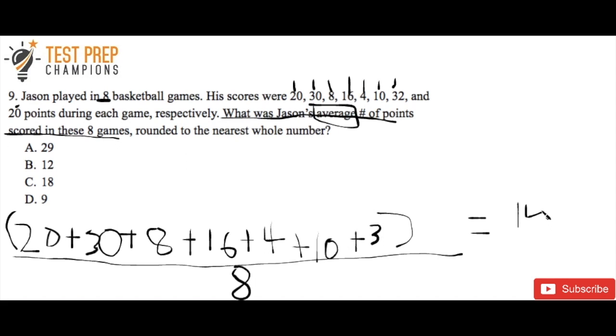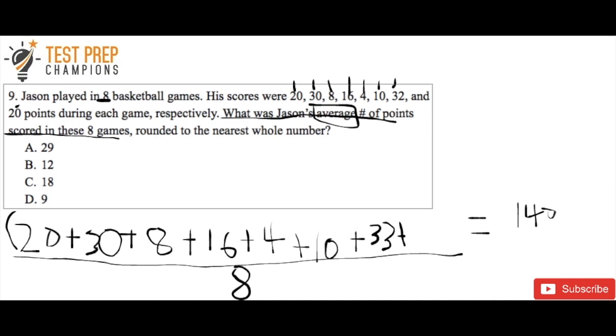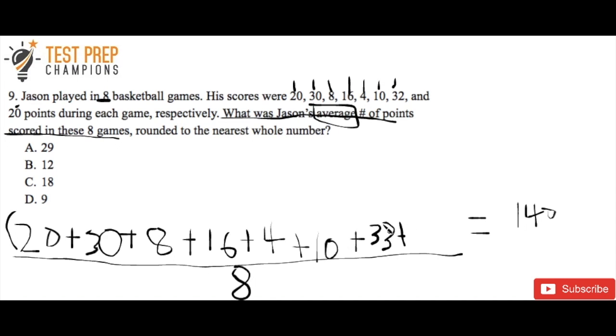Okay, here's the problem. This should be 10 plus 32. This parenthesis should not be here, so just ignore this parenthesis. And so we've got 32 plus 20. If we add these all up, 20, 30, 8, 16, 4, 10, 32, and 20, we get 140.